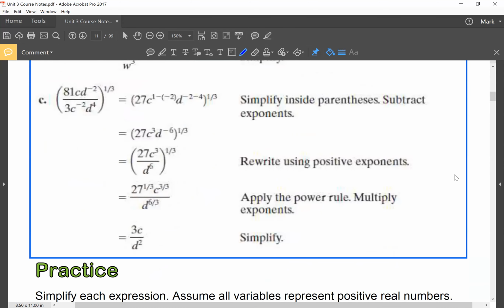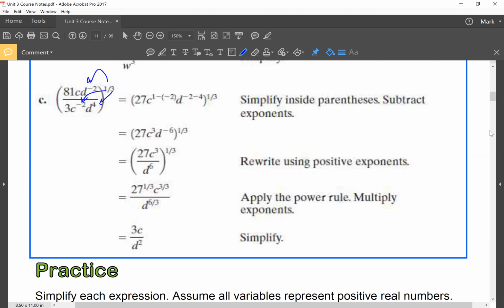Question number C has a lot of information going on. The first thing I'm going to do with question C is multiply everything by my exponent, 1/3. So the 81CD, sorry, I'm just reading the question.